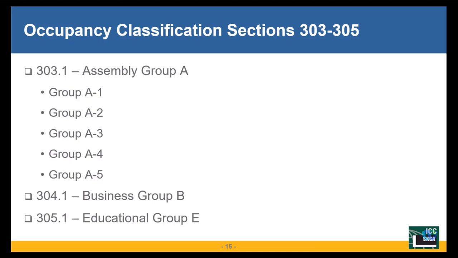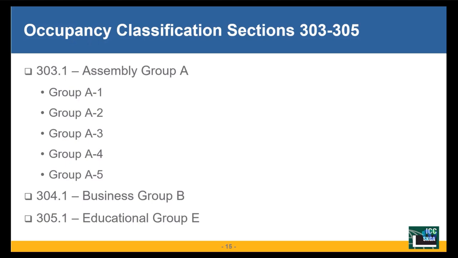Group A4 is indoor sporting events, like an indoor arena, basketball arena, or others. Group A3 is worship, recreation, or amusements, and other uses not in A2. A2 is food or drink consumption, basically restaurants and nightclubs and so forth. So this is the assembly group, Group A.